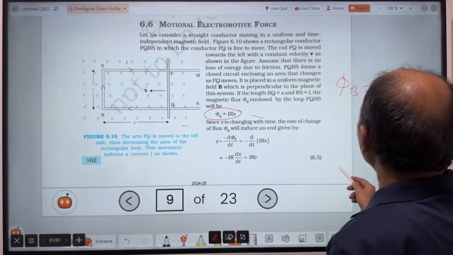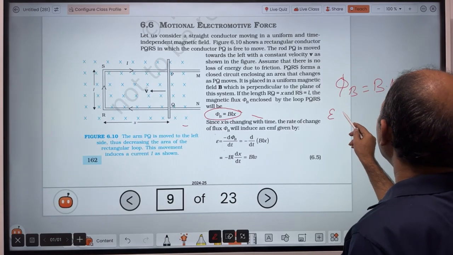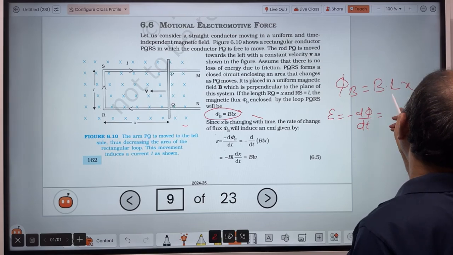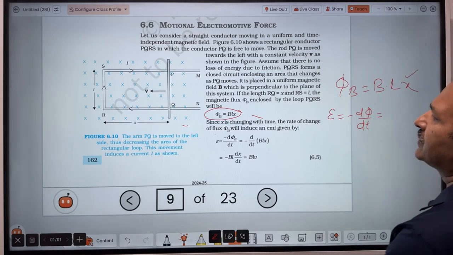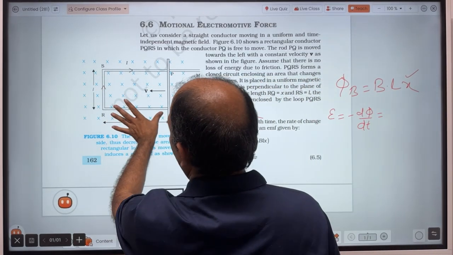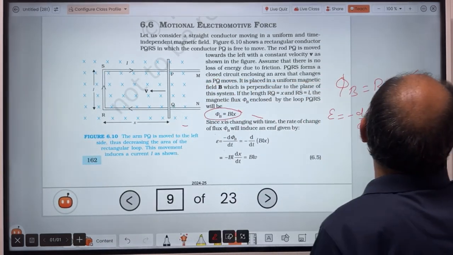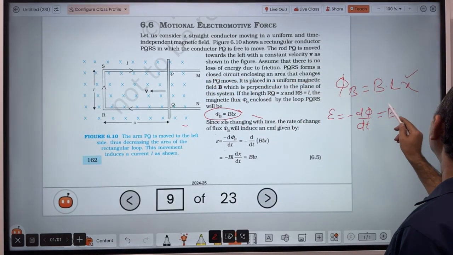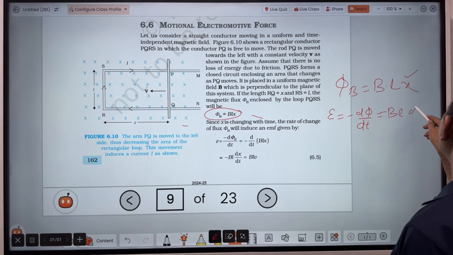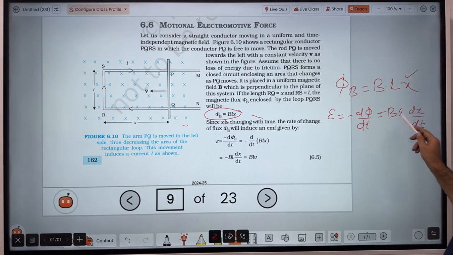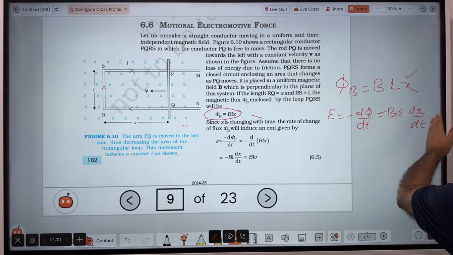Now we need the EMF, so that is minus d phi by dt. So here the differentiable term is just x because this can move, so x can decrease but L will remain the same. So keep the minus sign, BL dx upon dt. And if you remember, dx upon dt is velocity. So we can include that negative sign here also.